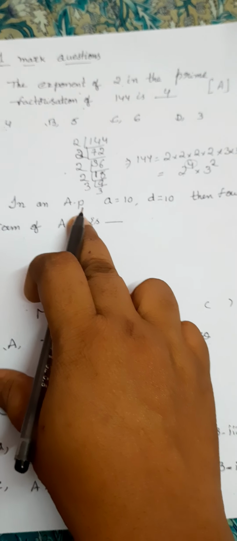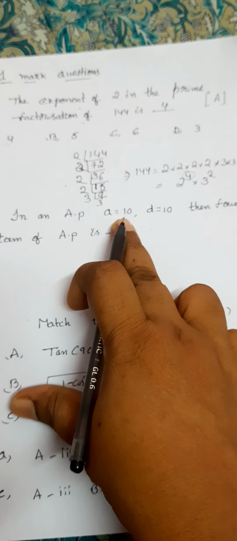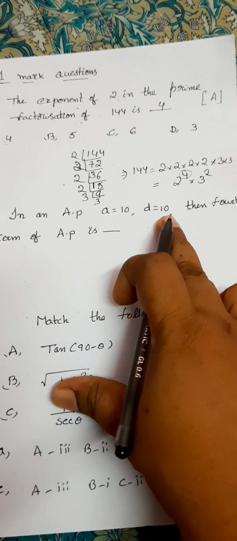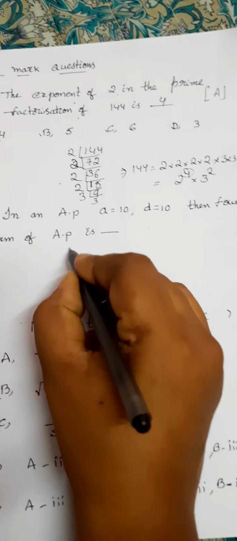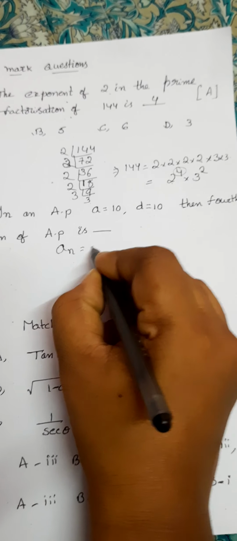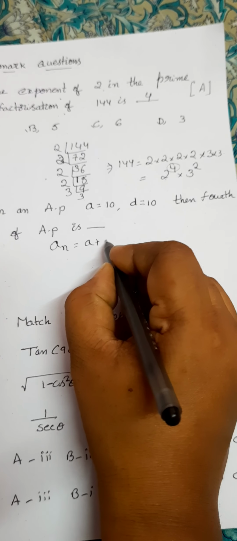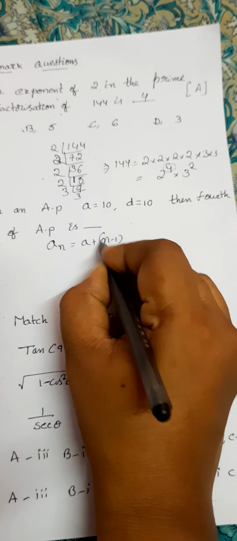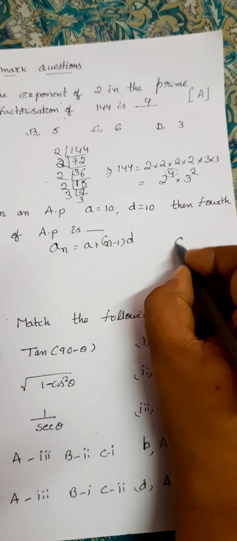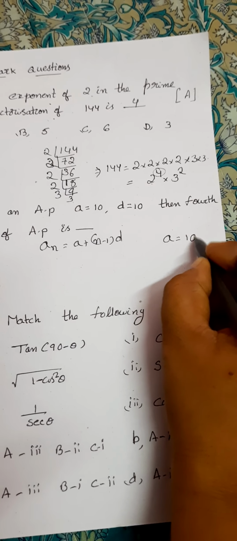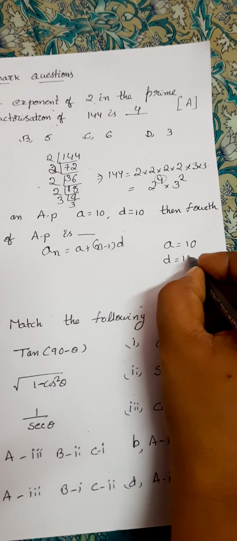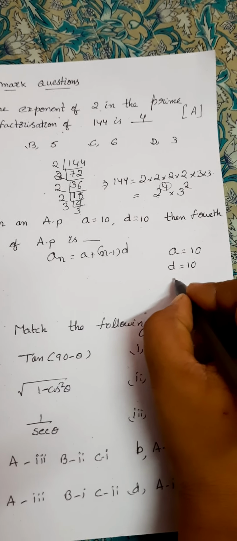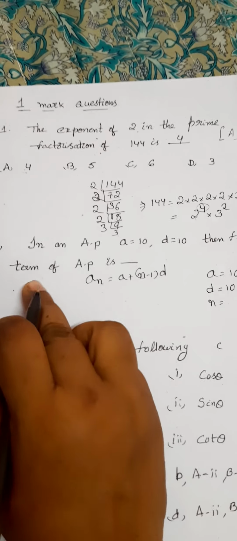Next, here is another example. In an AP, arithmetic progression, a is equal to 10, d is equal to 10, then find the fourth term of the AP. The nth term formula: a_n is equal to a plus (n minus 1) into d. Here a is the first term, already given as 10. d is the common difference, already given as 10. n means which term?